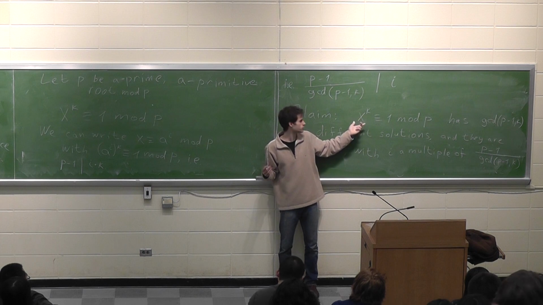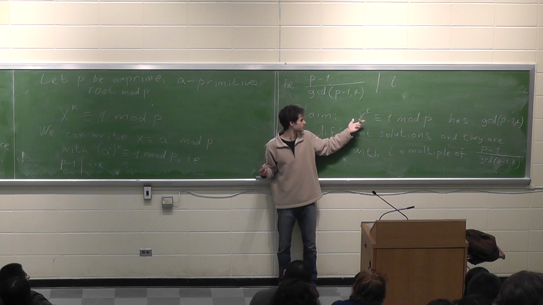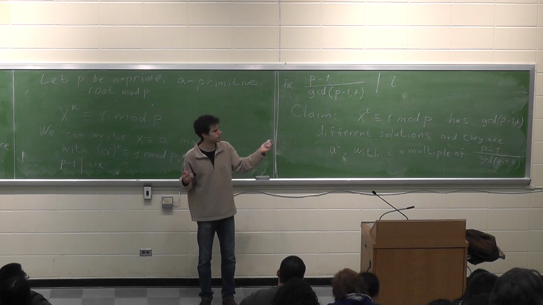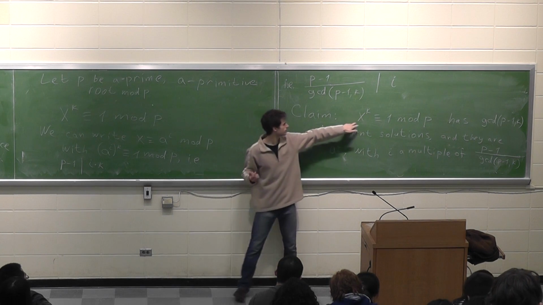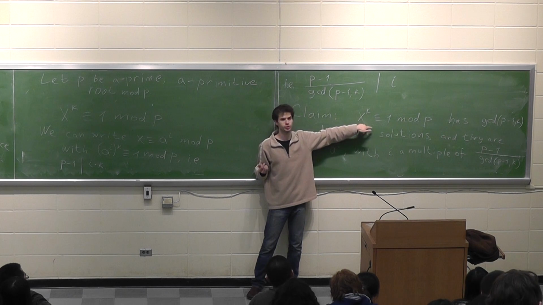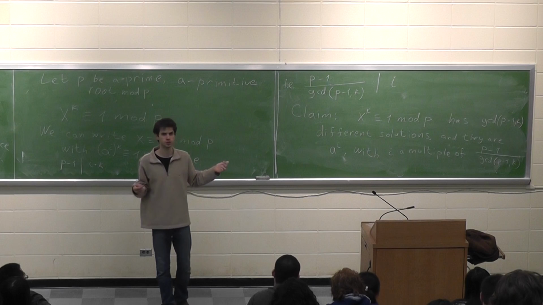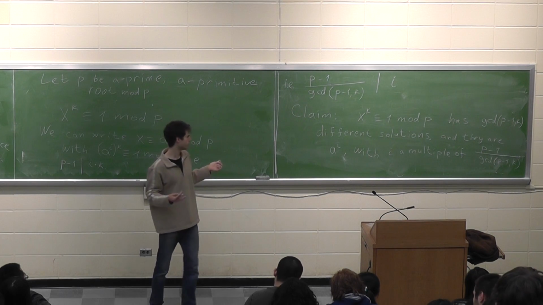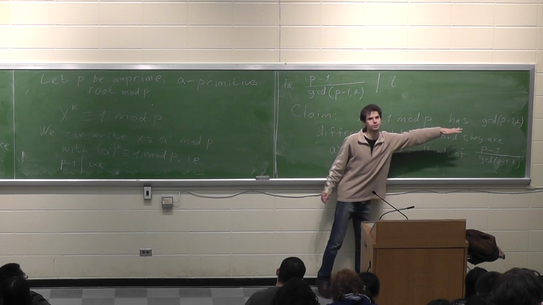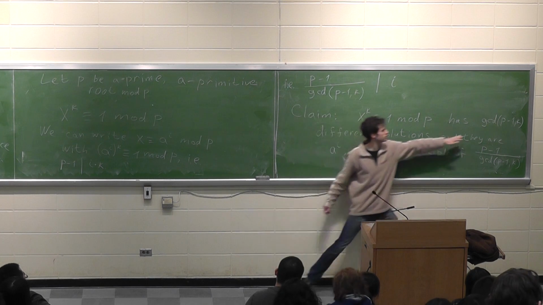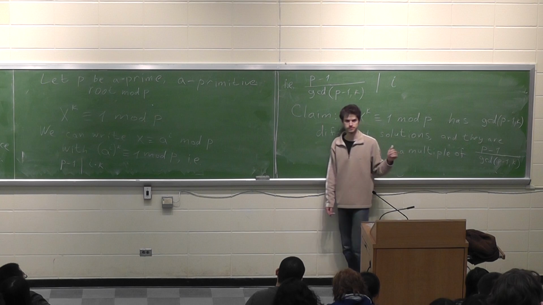You know that we can actually solve this and say that 1 is the only solution. Another example: if k is equal to p minus 1, Fermat's little theorem tells you there are p minus 1 distinct solutions. Every non-zero number is a solution. And now we've got a result for everything in between. Whatever k is, this congruence has that many solutions.